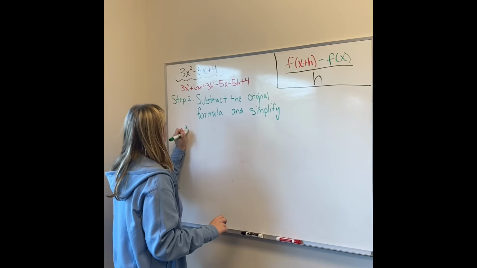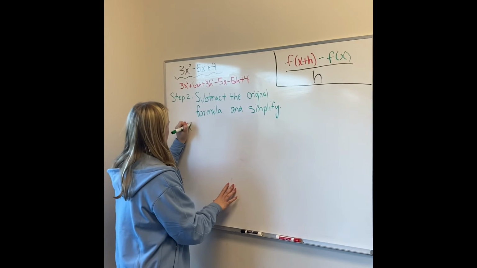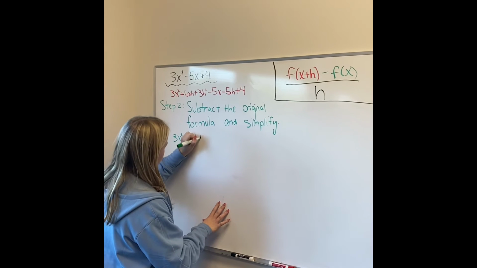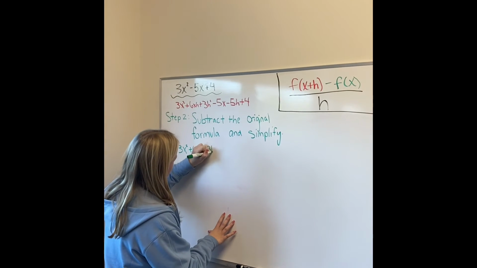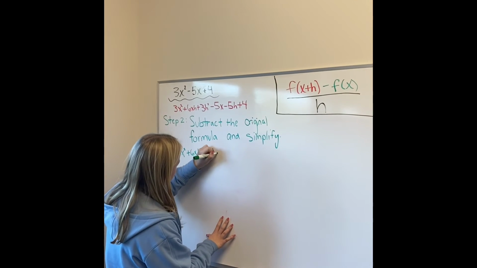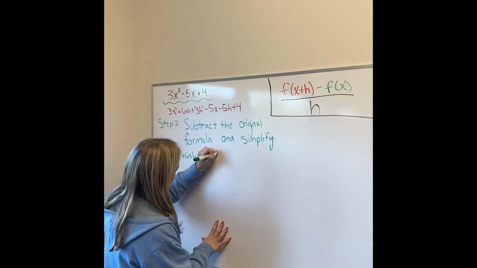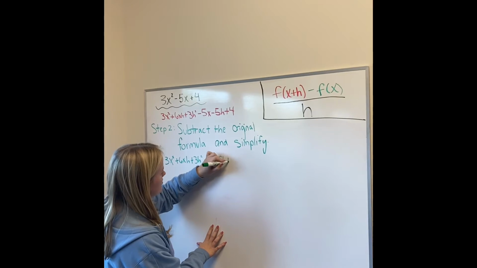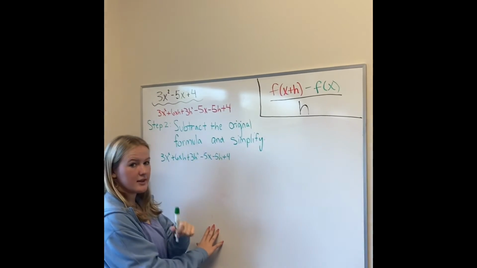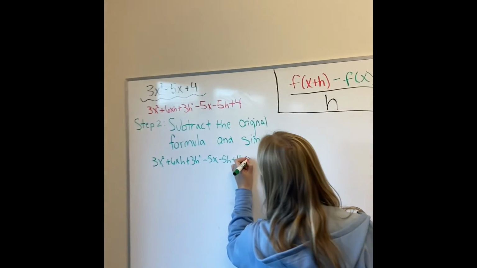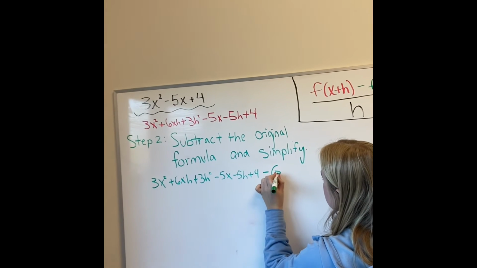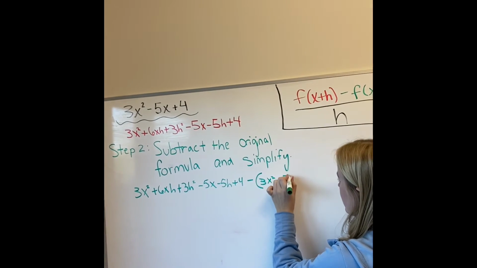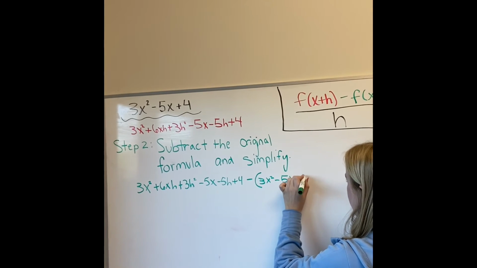So we're going to have 3x squared plus 6xh plus 3h squared minus 5x minus 5h plus 4. And then we're going to be subtracting that whole function up there, just 3x squared minus 5x plus 4.